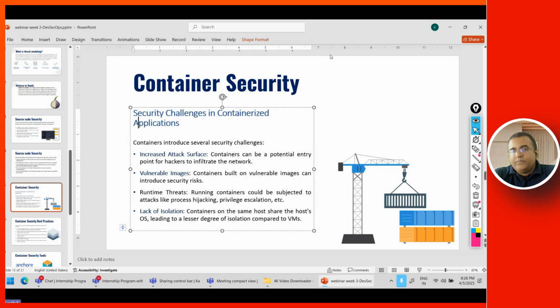If container security is not there, it could lead to accessing the information on the host machine itself. So if I'm able to break out of that isolation, I will have access to the underlying operating system. When I get the underlying operating system and am able to hack it, I will have access to the rest of the containers and the rest of the confidential data. So we have to be careful with that part.